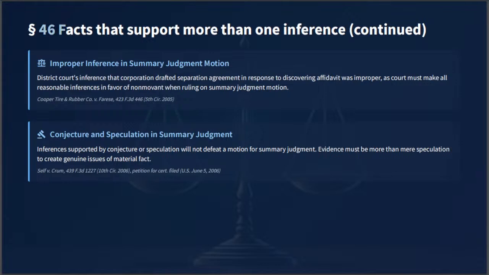And let's continue here with some cases for the facts that support more than one inference. So here's the improper inference in summary judgment motion.